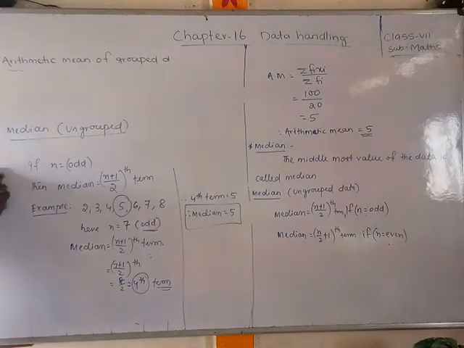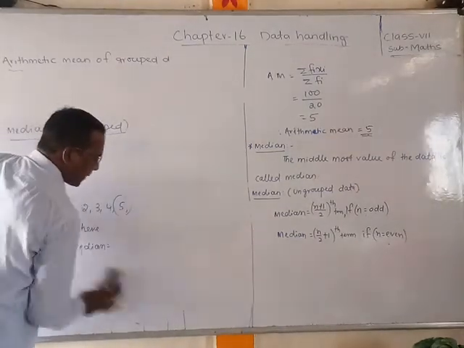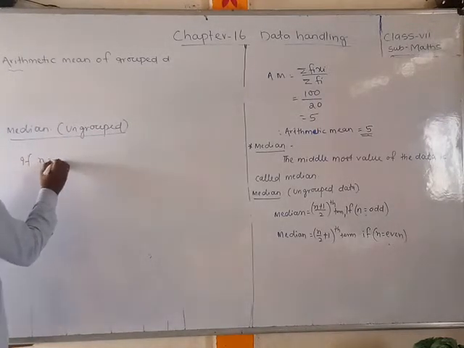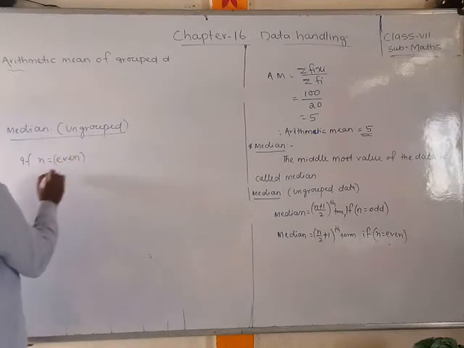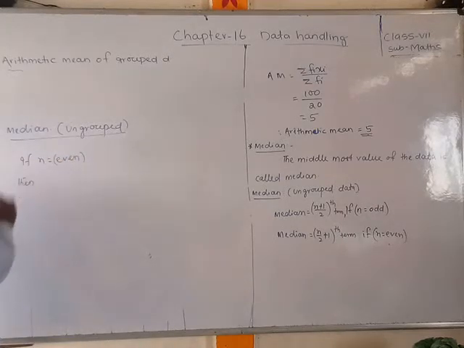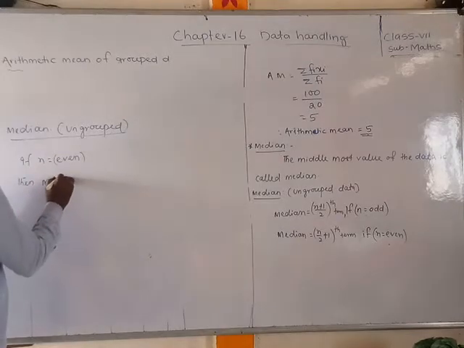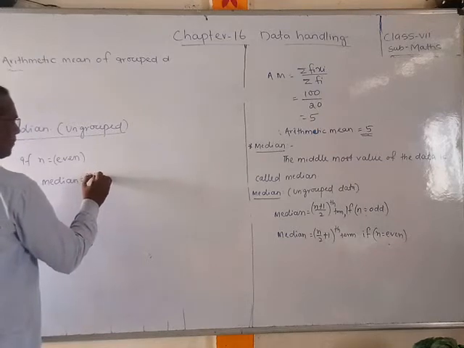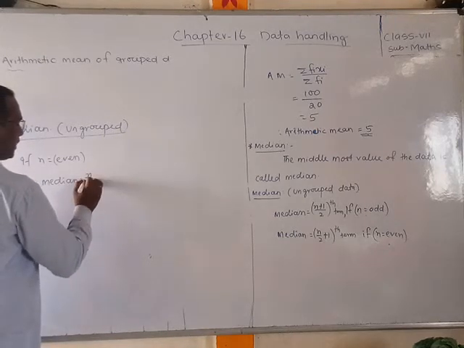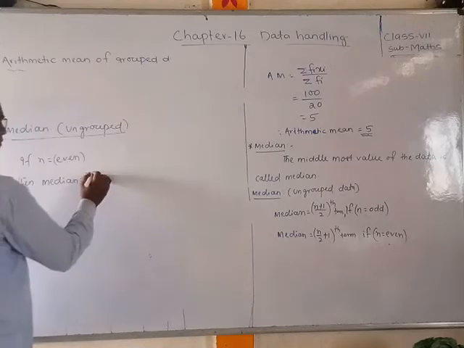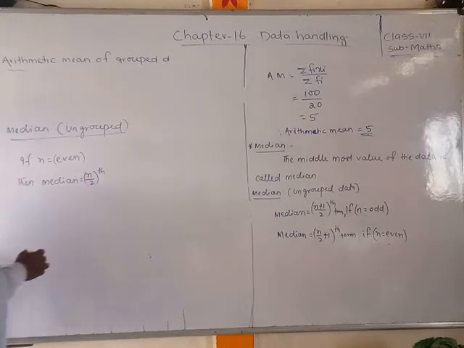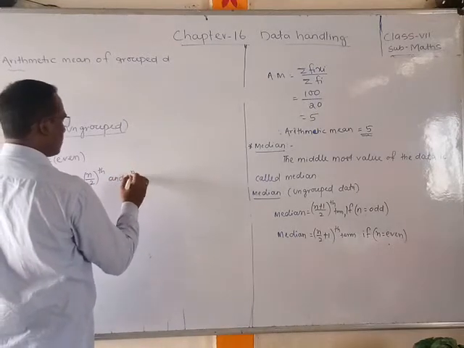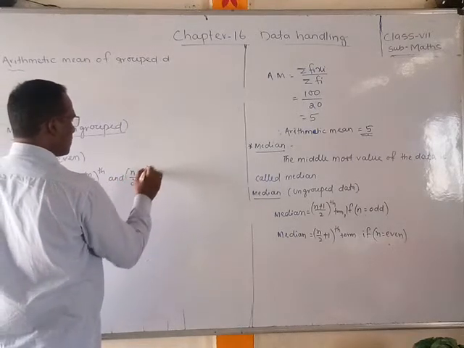Now we can say another way. If n is an even number, then median is equal to n by 2 term and n by 2 plus 1 term.